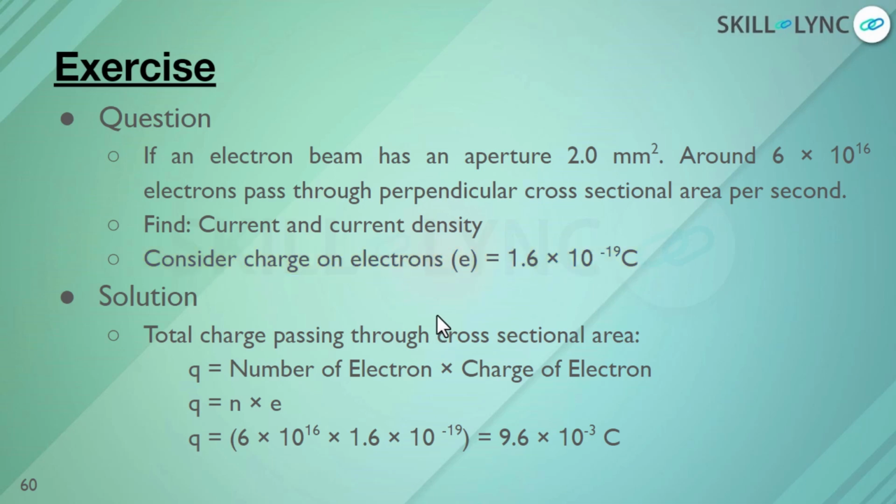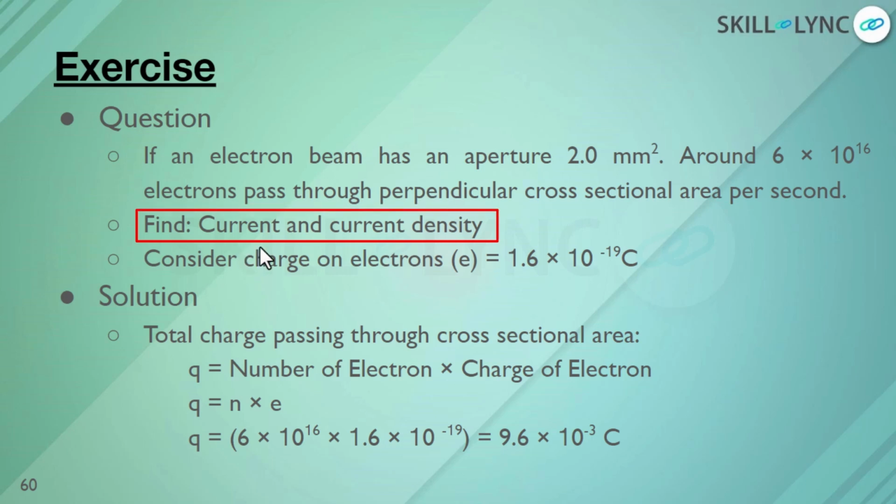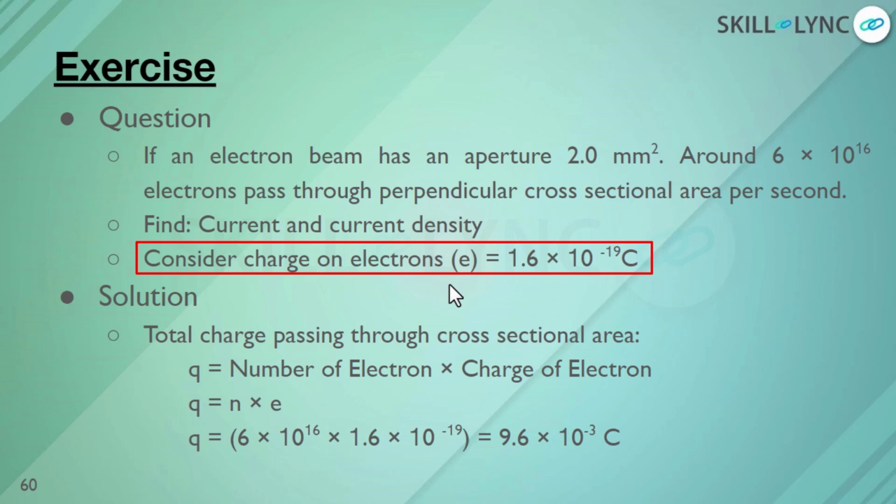So, the given conditions are: the aperture of the electron beam is 2 mm square and around 6 × 10^16 electrons pass through the perpendicular cross-sectional area per second. We need to find current and current density, with the electron charge considered to be 1.6 × 10^-19 coulomb.